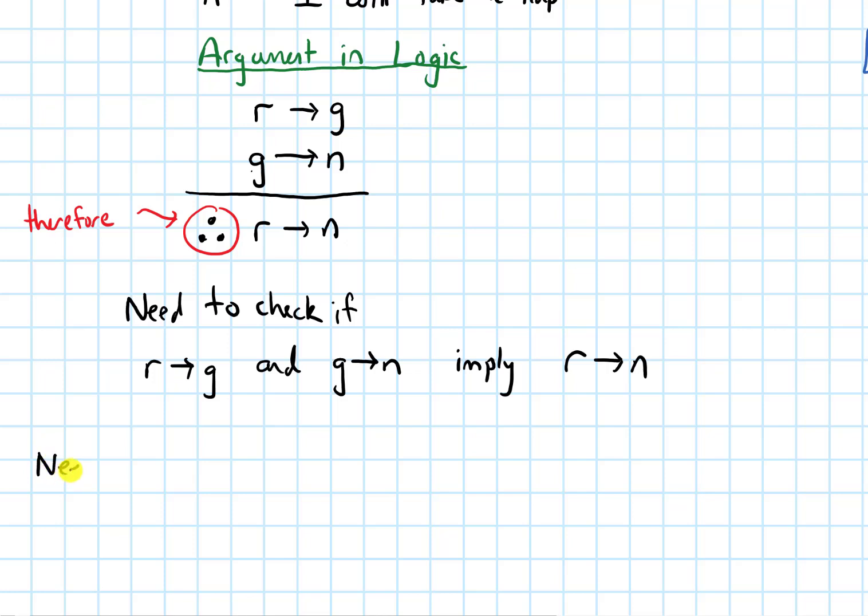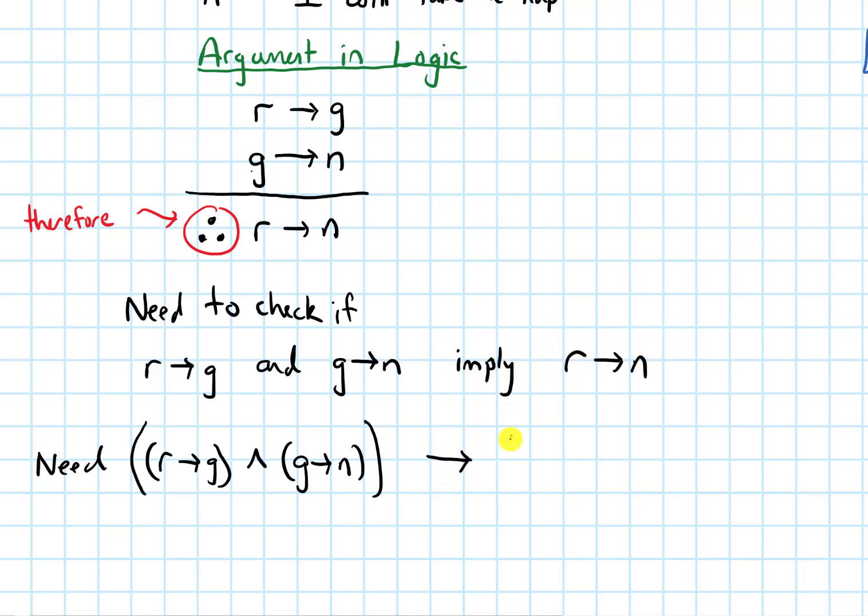So in other words, I need R implies G, and let's convert the "and" to a symbol, and G implies N. Let's put this whole thing in big parentheses. These things need to imply, so let's put the symbol for imply, an arrow.